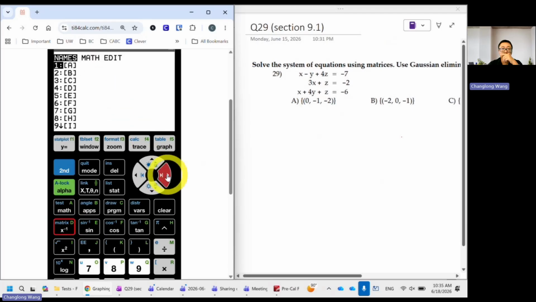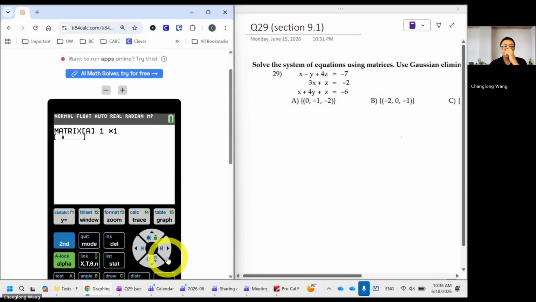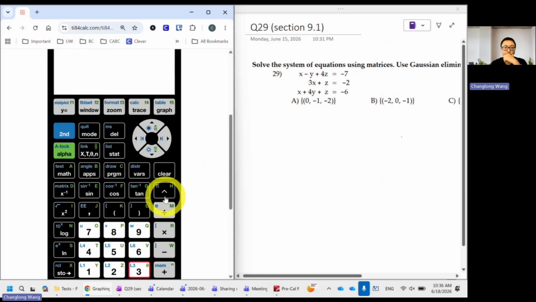I'm going to go to edit, and let's say I'm going to call the augmented matrix matrix A, and it needs how many rows? 3 rows, 1 row for each equation, and 4 columns. The first 3 columns are for x, y, z, and the last column will be the constants. All right, so let's do a 3 by 4.